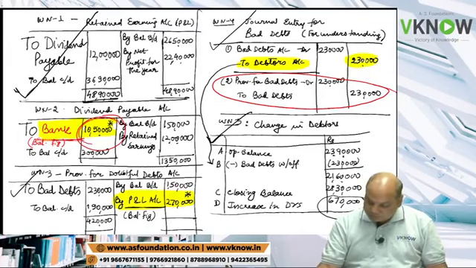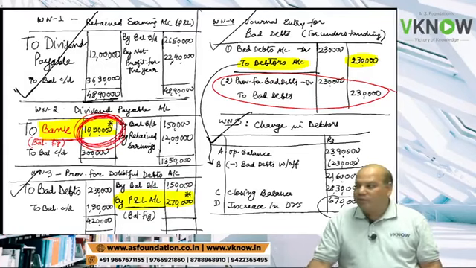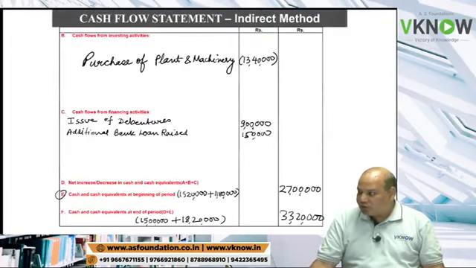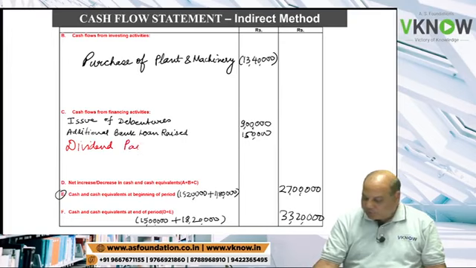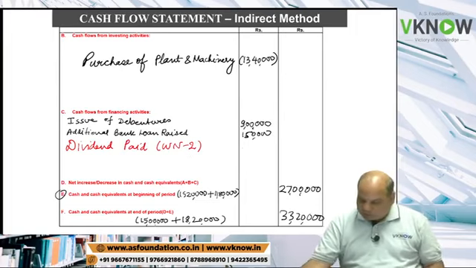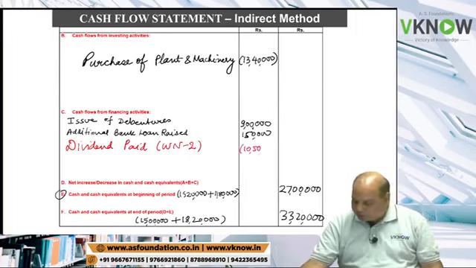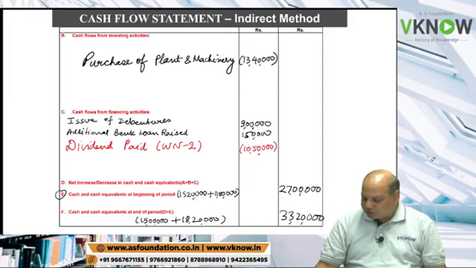Under which heading will you show dividend paid? Surya is right. Dividend paid will come under financing activity. Financing activity, dividend paid, working note 2, the amount is 10,50,000. Financing activity is right. Thanga Lakshmi is right.